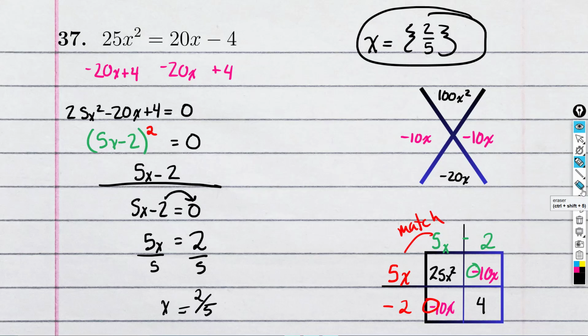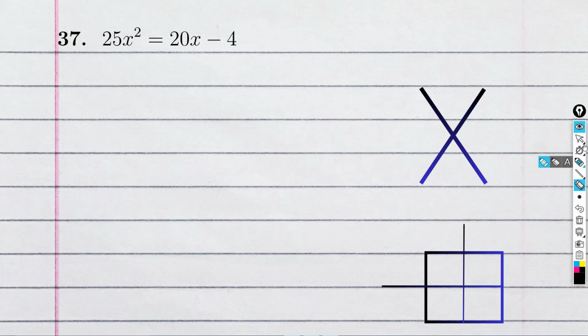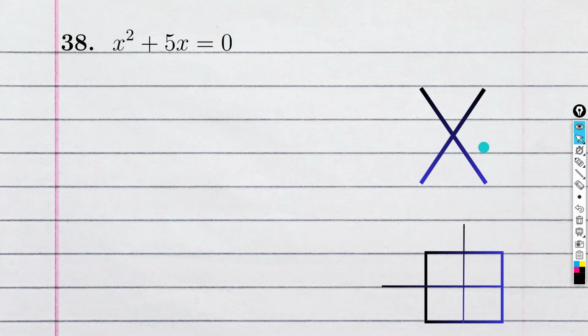When we look at the next ones, they look a little bit different. So number 38, if I look here, I don't have a C term. And so the next thing I need to look for is is there a GCF that I can factor out of all the terms?